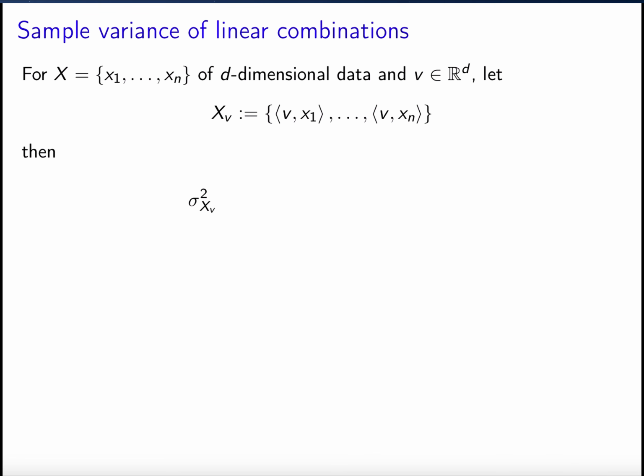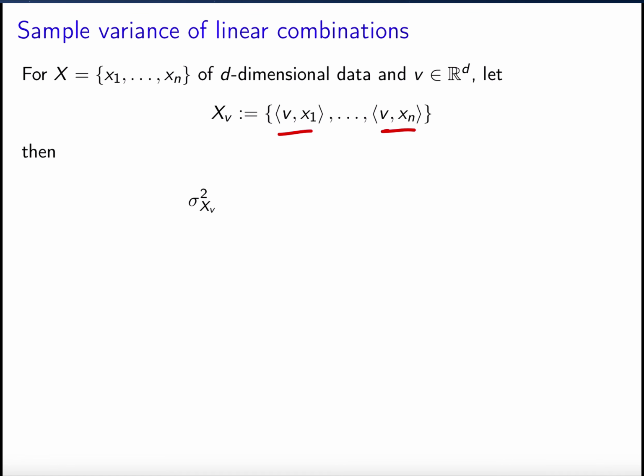Now it turns out that just as in the case of the actual covariance matrix, not the sample covariance matrix, if you consider a linear combination of the data, meaning you take a linear combination of each of these d-dimensional data points, and you want to consider the variance of that, it turns out that the variance is exactly given by a quadratic form that depends on the sample covariance matrix.